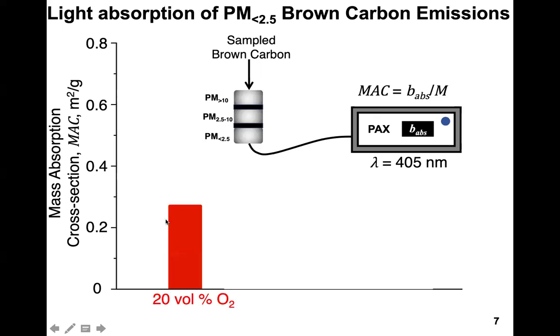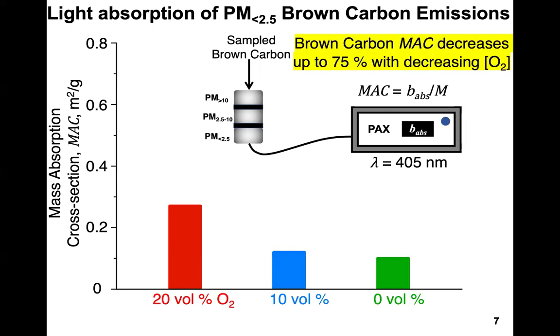So brown carbon particles emitted from pinewood combustion with air have a mass absorption cross-section of about 0.3 square meters per gram. As we decrease the oxygen concentration in the nitrogen atmosphere to 10 and 0%, you can see that the light absorption of brown carbon is reduced by about 75%. These large variations of the brown carbon light absorption are often attributed to the presence of elemental carbon or soot.